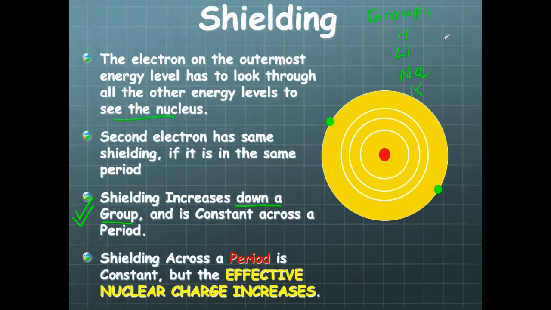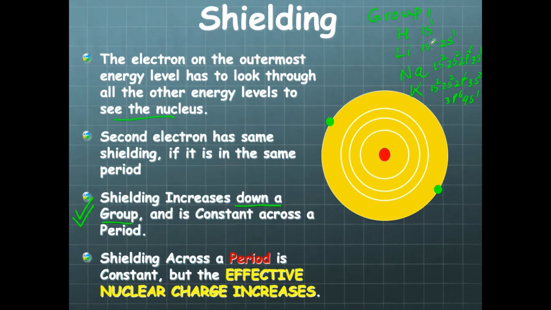Hydrogen's electron configuration is 1s1, lithium is 1s2, 2s1, sodium is 1s2, 2s2, 2p6, 3s1, and potassium is 1s2, 2s2, 2p6, 3s2, 3p6, and 4s1.